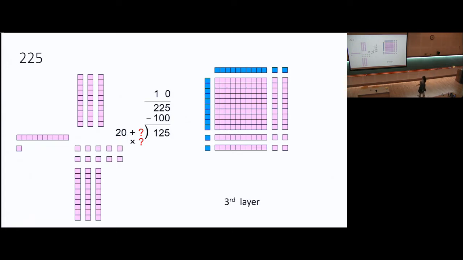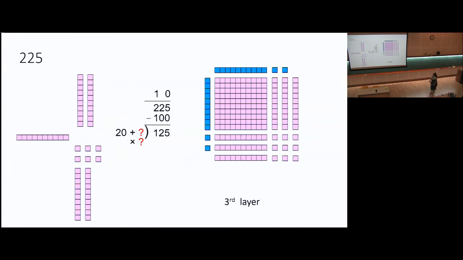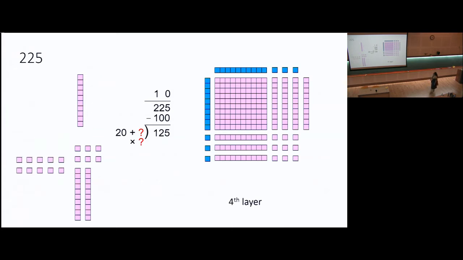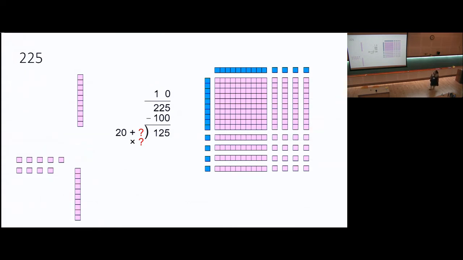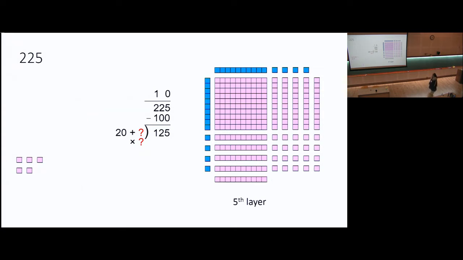Okay, so more exchange. We need more units. Okay, so now we have exhausted it.